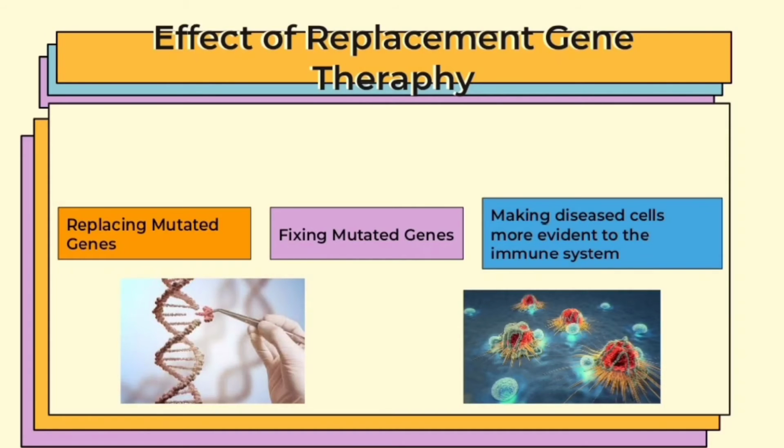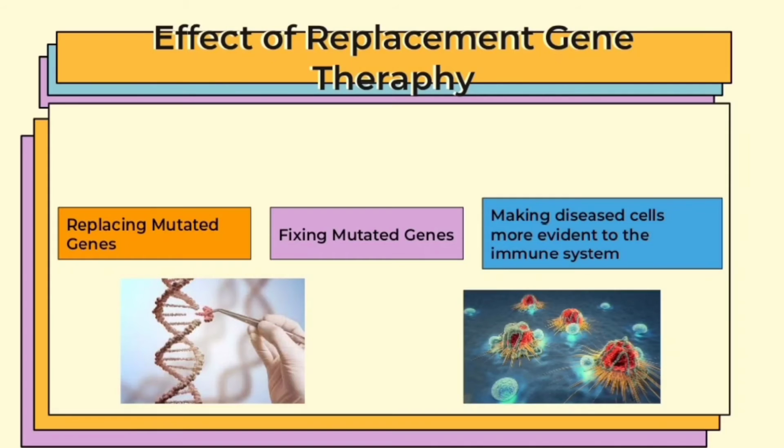And the second thing is to fix mutated genes. These mutated genes can cause some diseases, and they could be turned off so they can no longer promote any disease, or maybe another of our healthy genes that help to prevent that disease could be turned on so they can help to inhibit the disease.